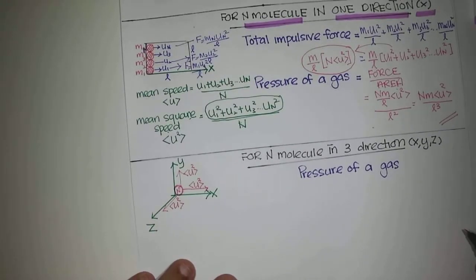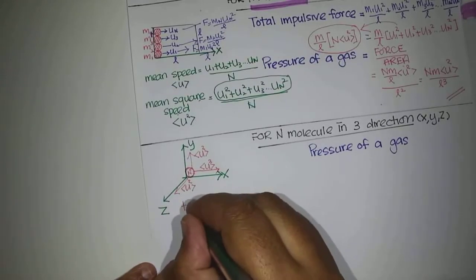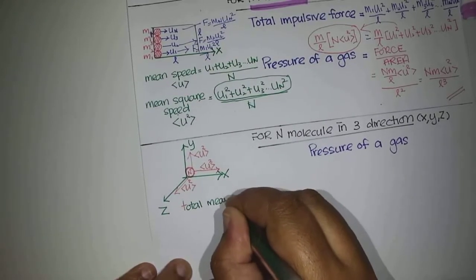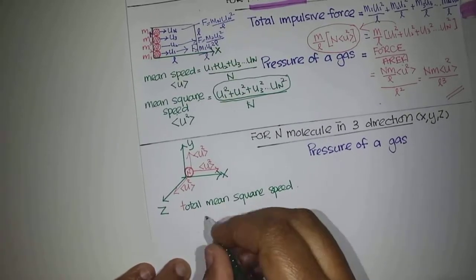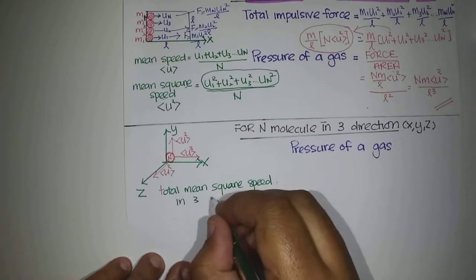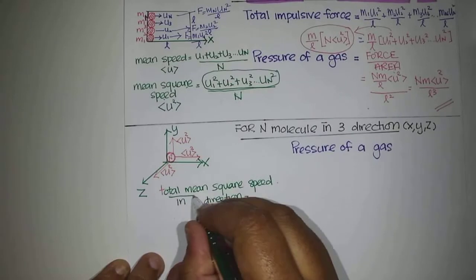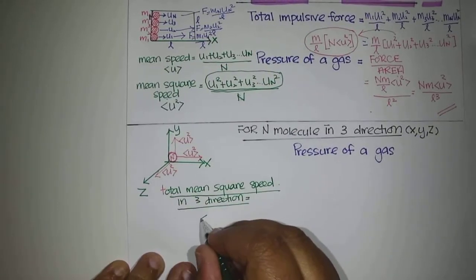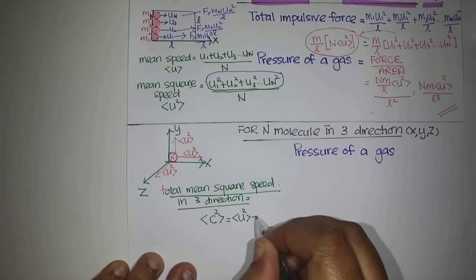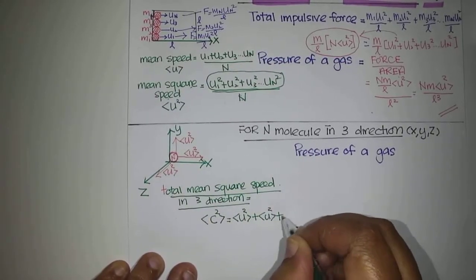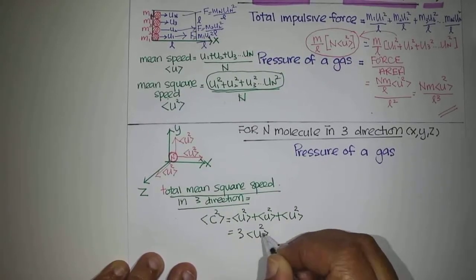So the total mean square speed in three directions, with symbol c square, will be the x direction plus the y direction plus the z direction.